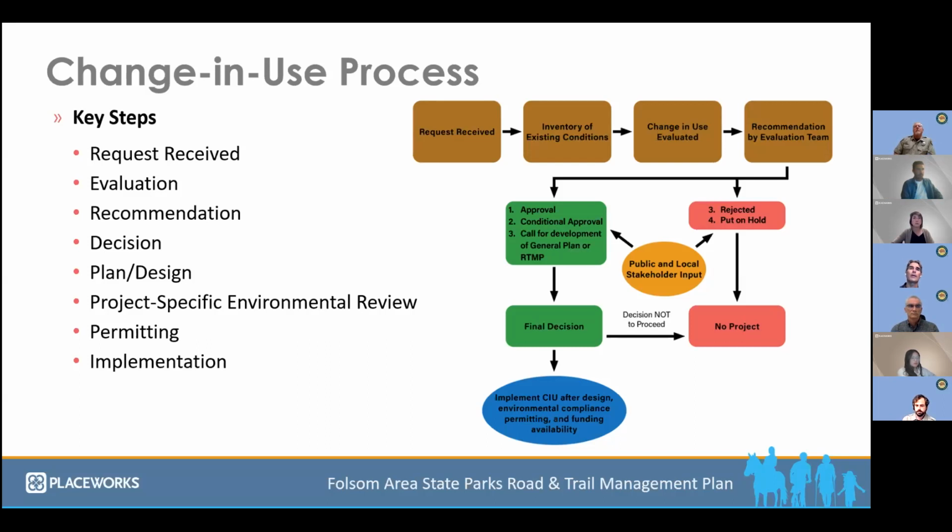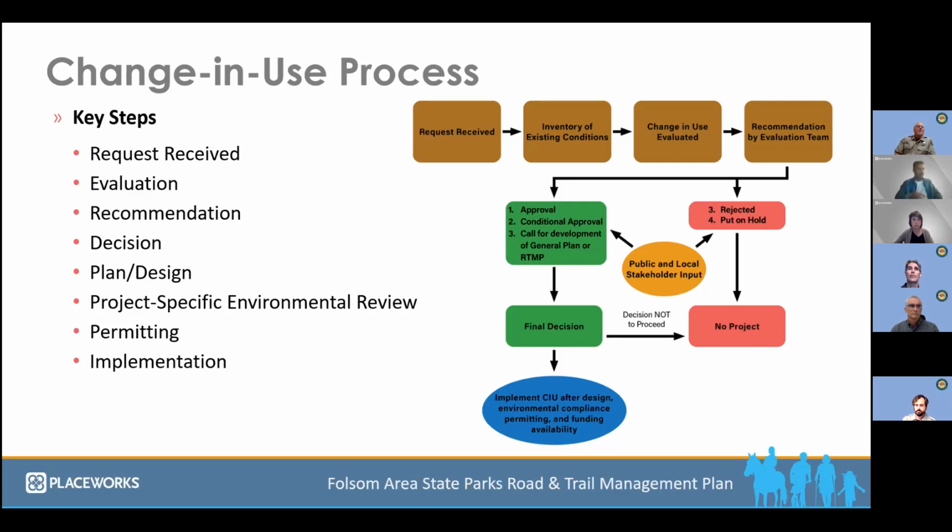Once the recommendations are in and the public input has been gathered, there's a decision, made by the district superintendent, who considers the evaluation and public input. For Folsom, this will be determined during the road and trail management process through the road and trail management proposals that are either going to approve or reject the change in use request.